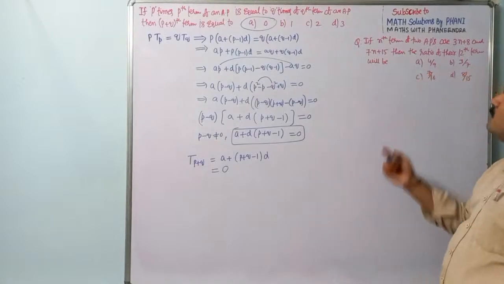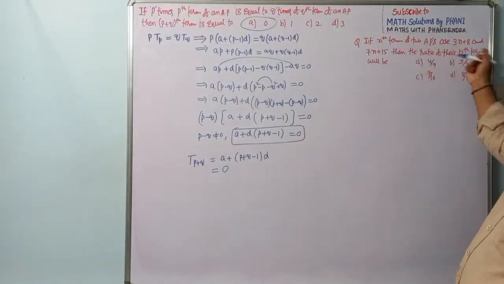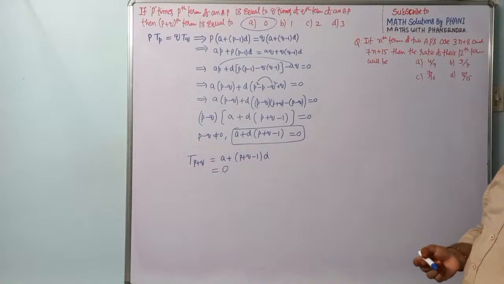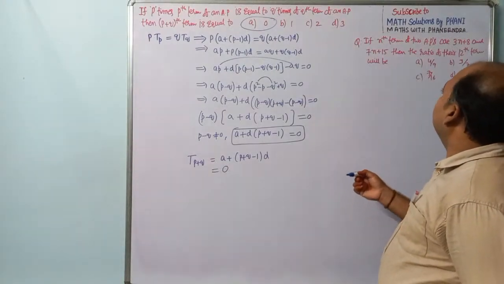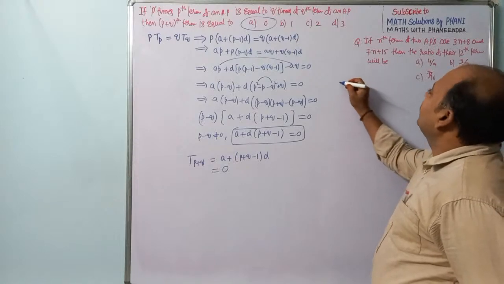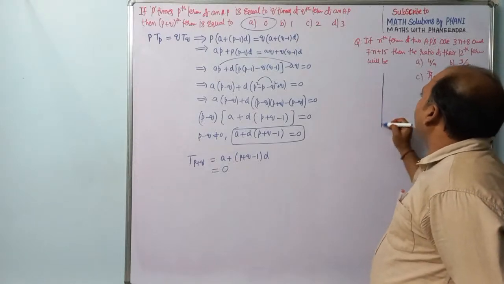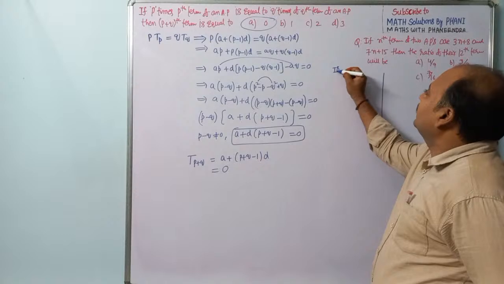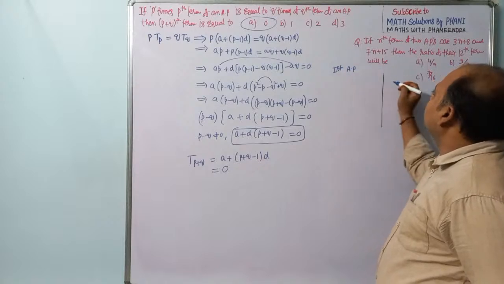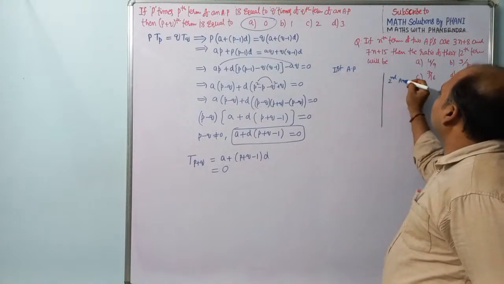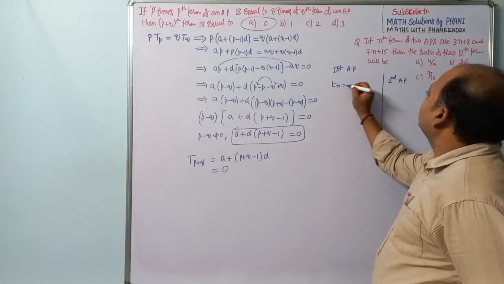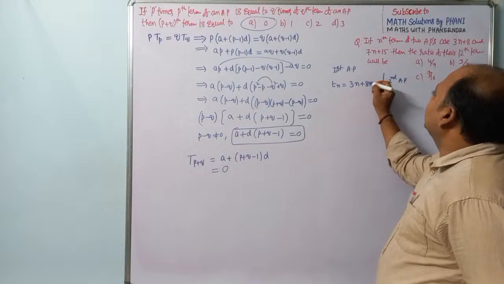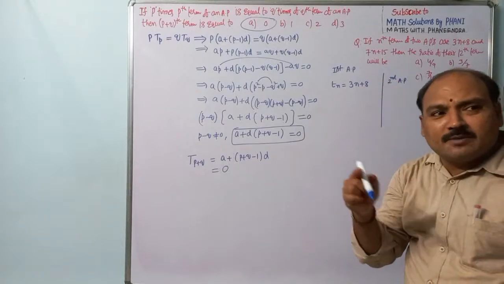Now if we come to the next one, if the nth terms of the APs are 3n plus 8 and 7n plus 15, the ratio... First, two APs here we are writing: first AP, arithmetic progression, second AP. So for the first AP, the nth term is given, Tn equal to 3n plus 8. Tn generally means a plus n minus 1 into d only.